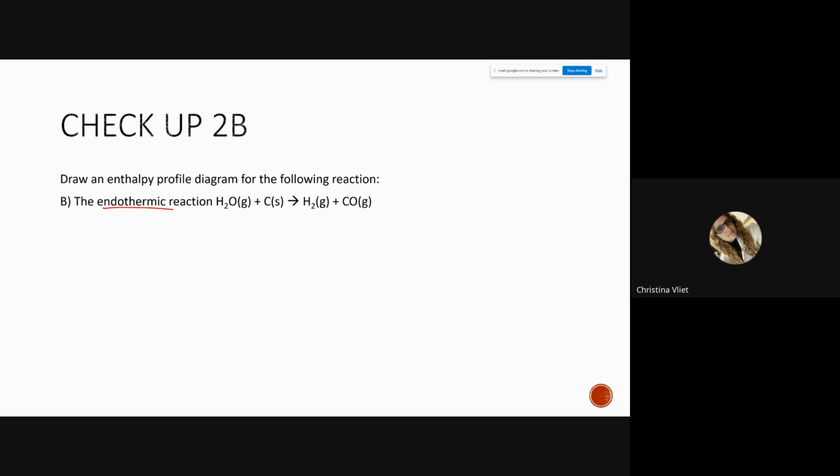Good. Make sure to label your activation energy. Got it? All right, I'm checking for about 30 more seconds.